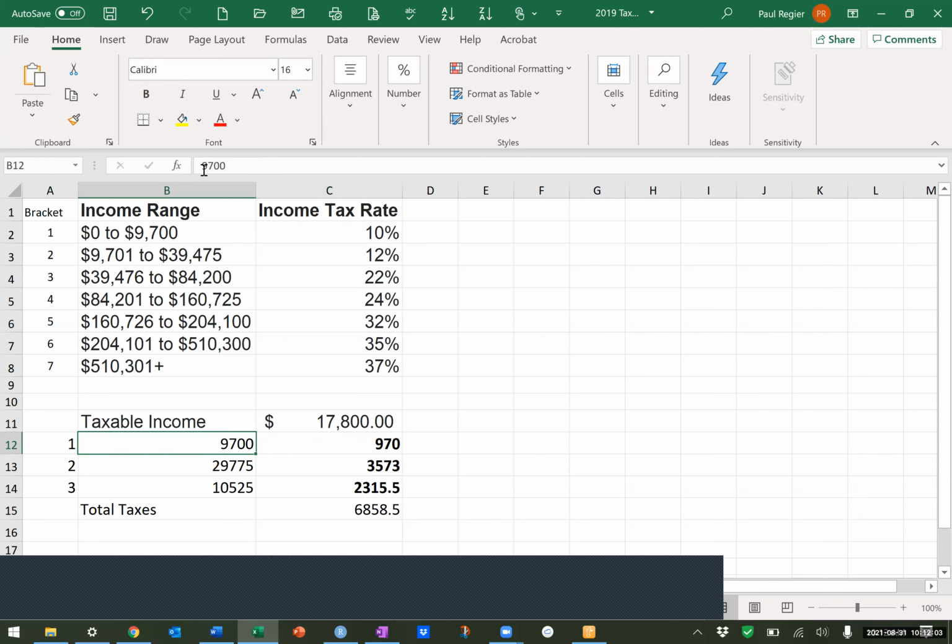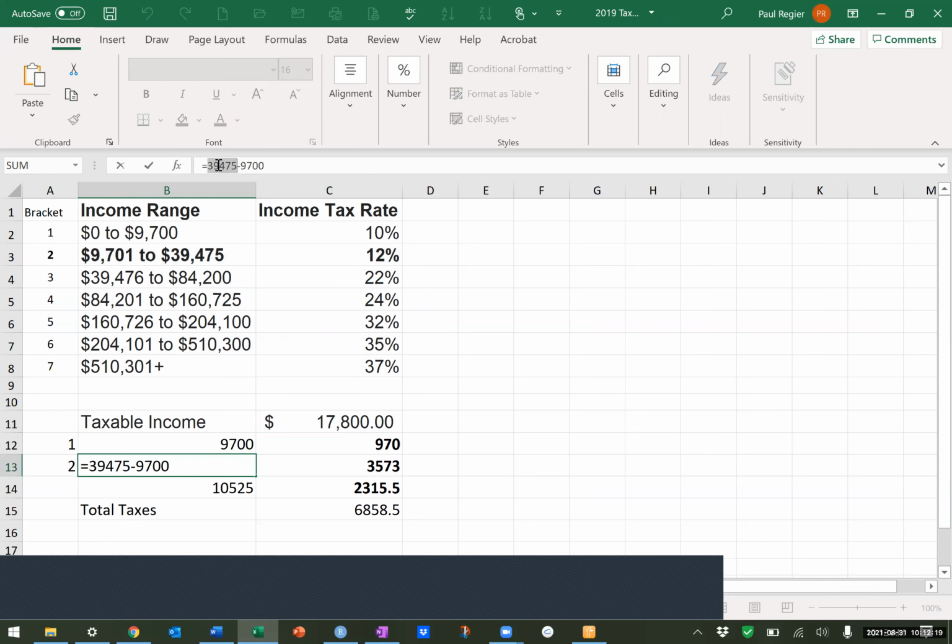So we're now not in the third bracket. We're not paying taxes on this bracket here. Our income that's taxed falls in this bracket. So that's where we pay taxes. We could say, I'm going to pay taxes on this value here minus the previous bracket.